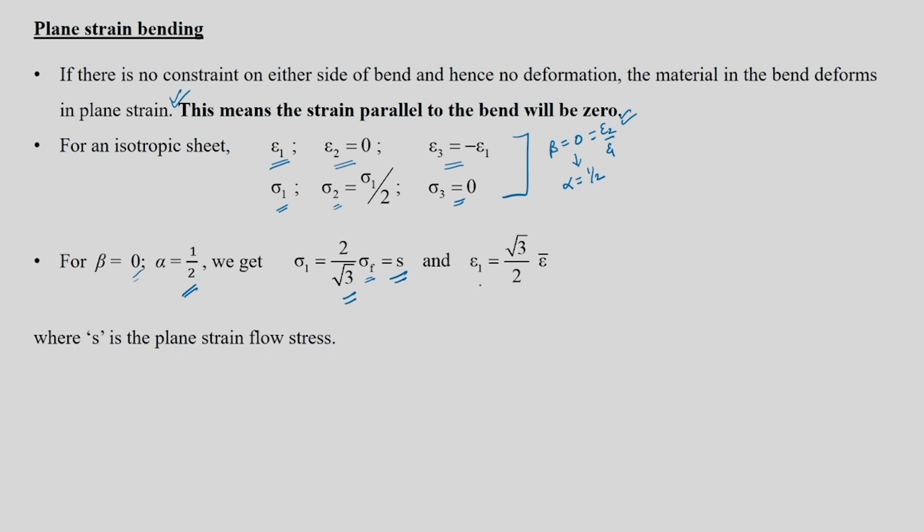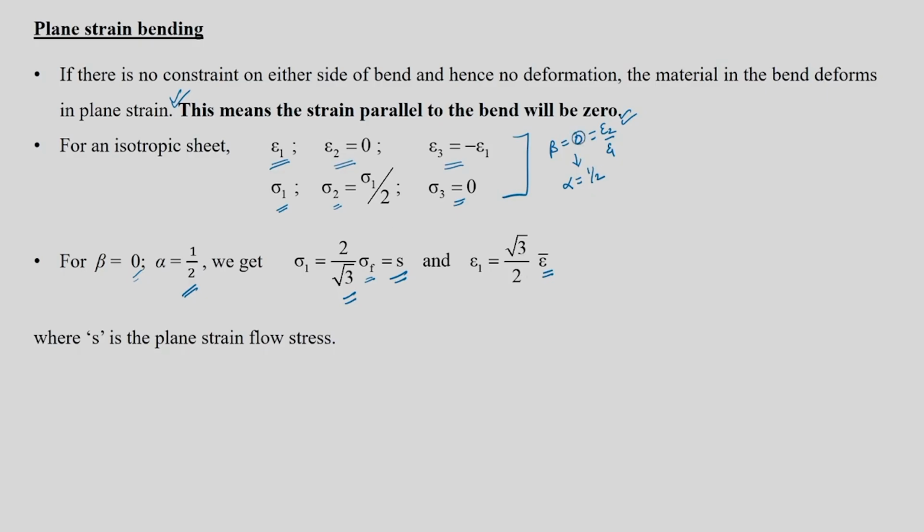Similarly, I can also get epsilon 1 as a function of epsilon bar using my effective strain equation, which is epsilon bar equal to square root of 4 by 3 into 1 plus beta square into epsilon 1. So, that equation one can refer, and from there you can get epsilon 1 is equal to square root of 3 by 2 into epsilon bar, by putting beta is equal to 0 in that equation.